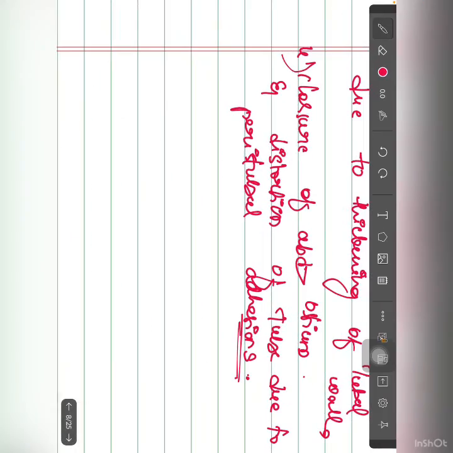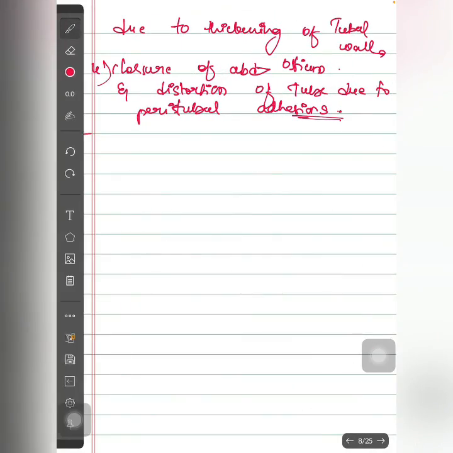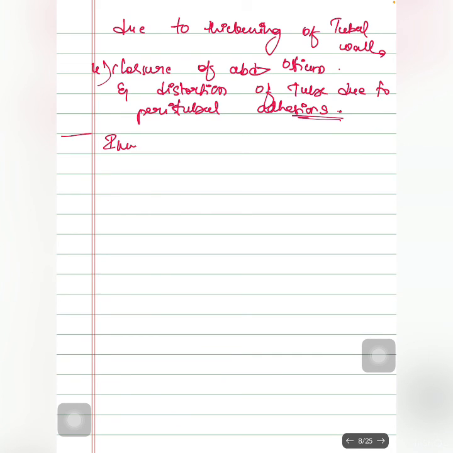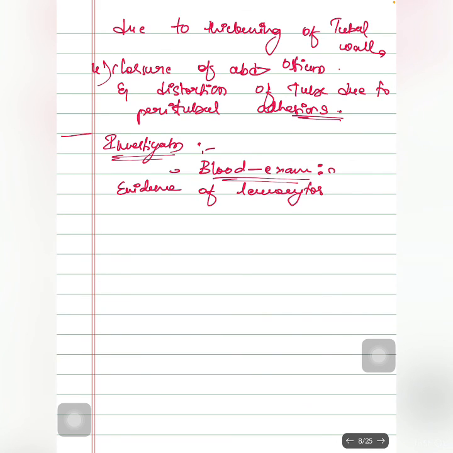Investigations will be like blood examination for evidence of leukocytosis, hemoglobin estimation, and ESR, which is the erythrocyte sedimentation rate. So these three are investigations.